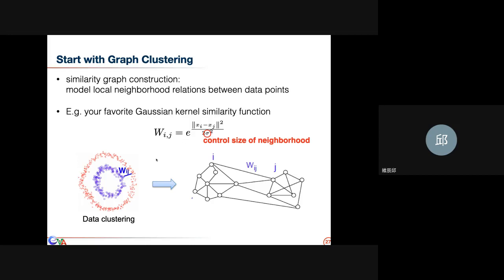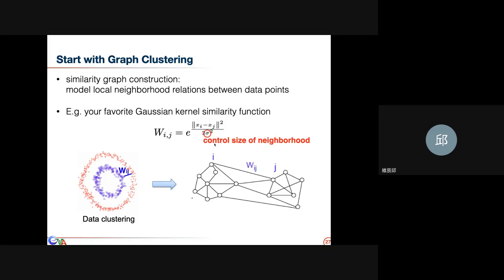We can use this way to define the similarities between the data points. In this similarity function, the parameter sigma controls the size of the neighborhood.